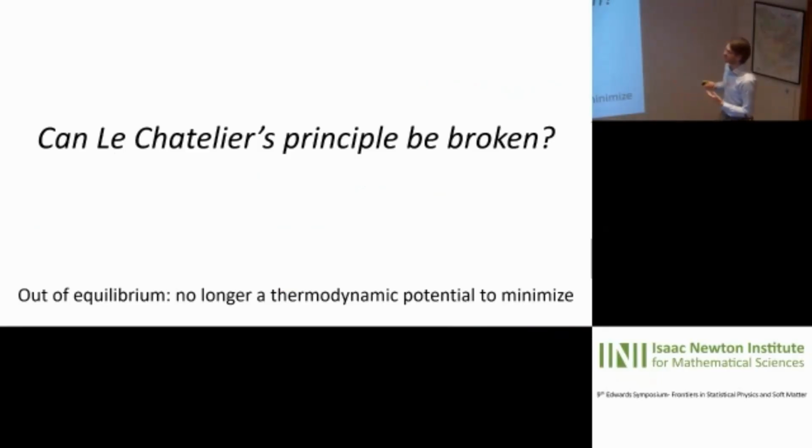In particular, I said that having a potential minimum is a key ingredient. But not having a potential minimum doesn't necessarily mean that you will break this micro-macro relation in an active material. So what I'd like to think about is a more constructive proof that this doesn't always hold.